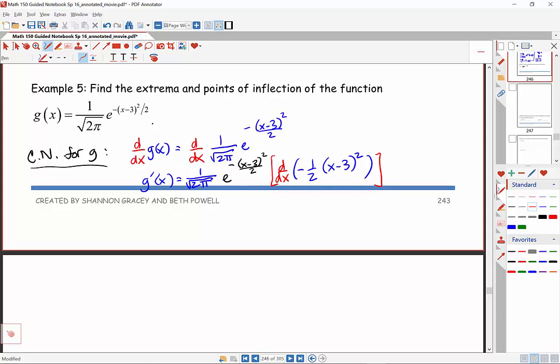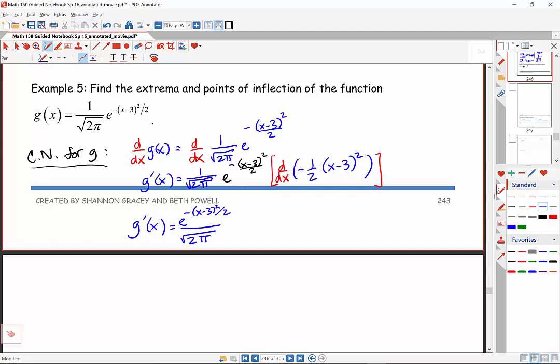Okay, so g prime of x will be 1 over root 2 pi times, actually, you know what, just to make it nicer, I'm going to write e raised to the negative x minus 3 quantity squared over 2.